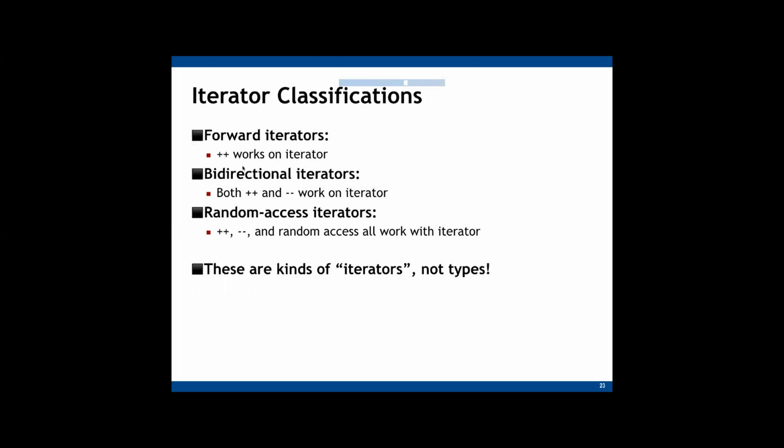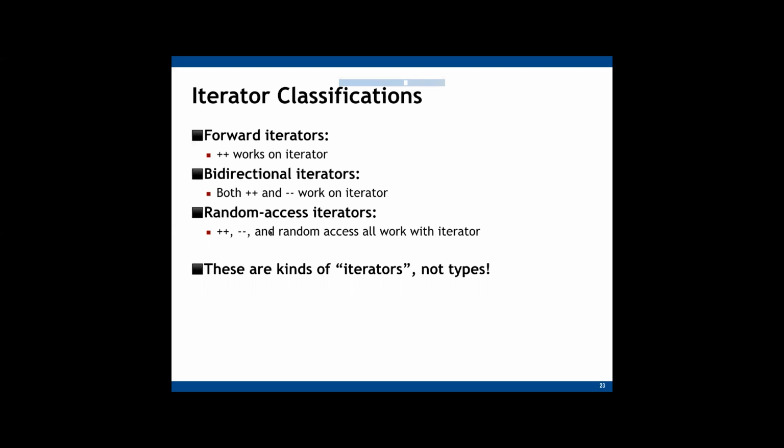The bidirectional iterator works with both increment and decrement operators. The decrement operator is similar to the increment operator, but it moves the iterator in the opposite direction. That is the reason why it is called a bidirectional iterator.